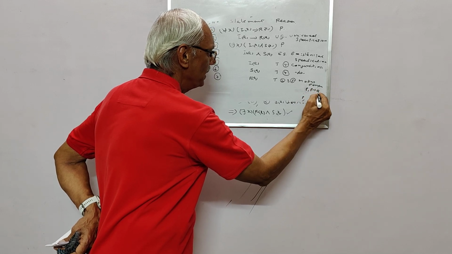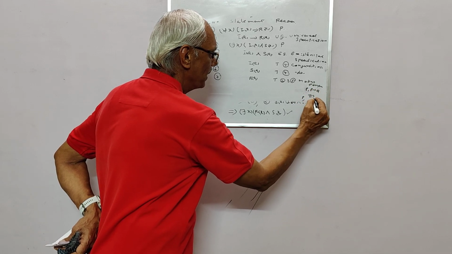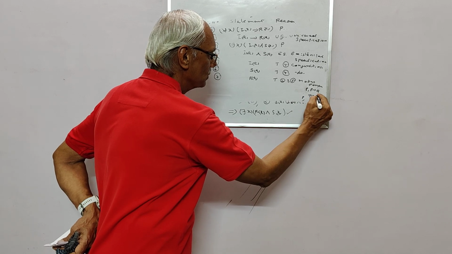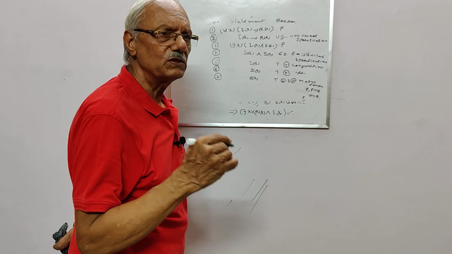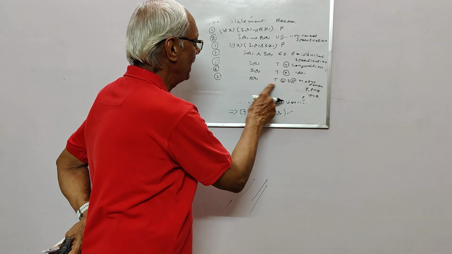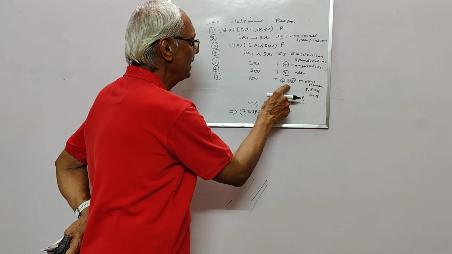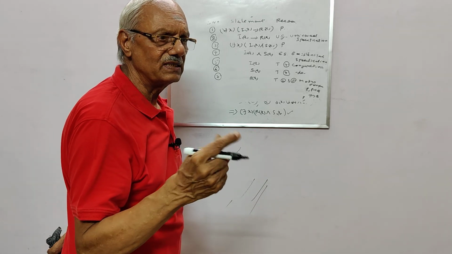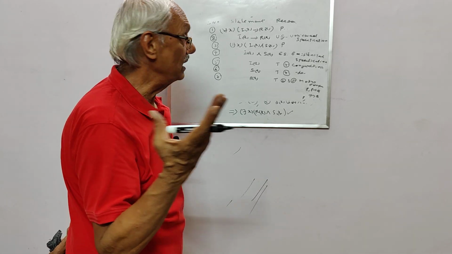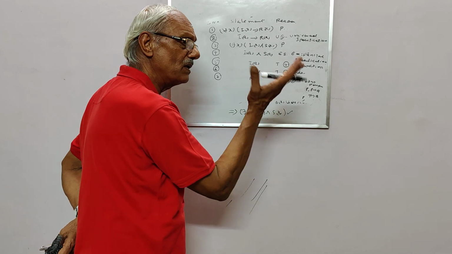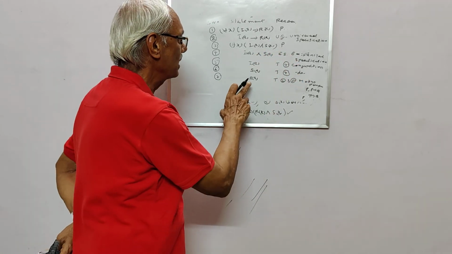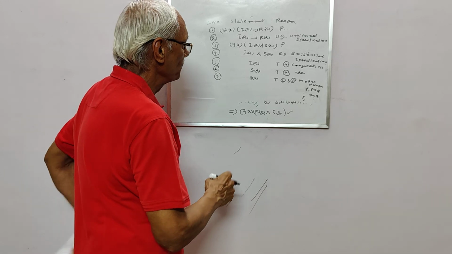P is true, P implies Q is true, implies Q is true. P comma P implies Q means Q is also true. So in that way I am able to get that R of A is true. And you must know that this A is only a specific A. Try to understand. This is for all A, but it is also true for that particular A. Therefore here R of A is true.